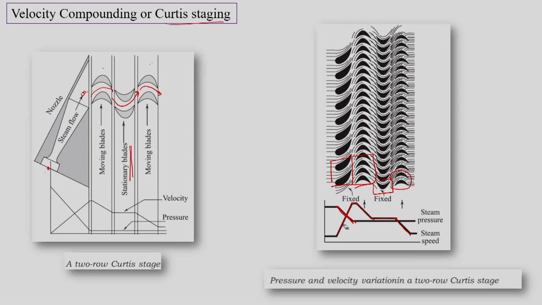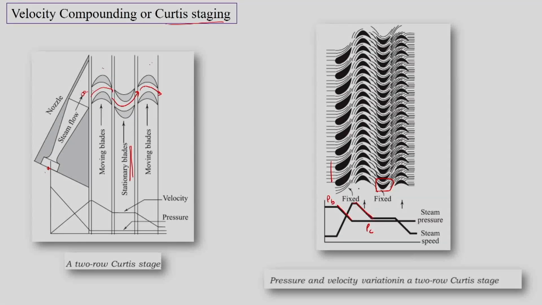So, the pressure drop has taken place completely from the boiler pressure to the condenser pressure in the one nozzle, but the fixed blades are just the guide vanes. So, they are changing the direction of absolute velocity. The fixed blades or the guide vanes are just changing the velocity direction, but we will have kinetic energy change in the moving blades partially.